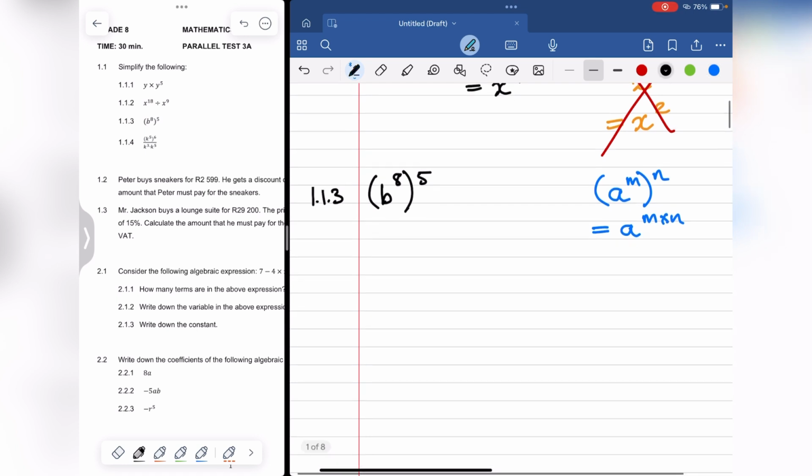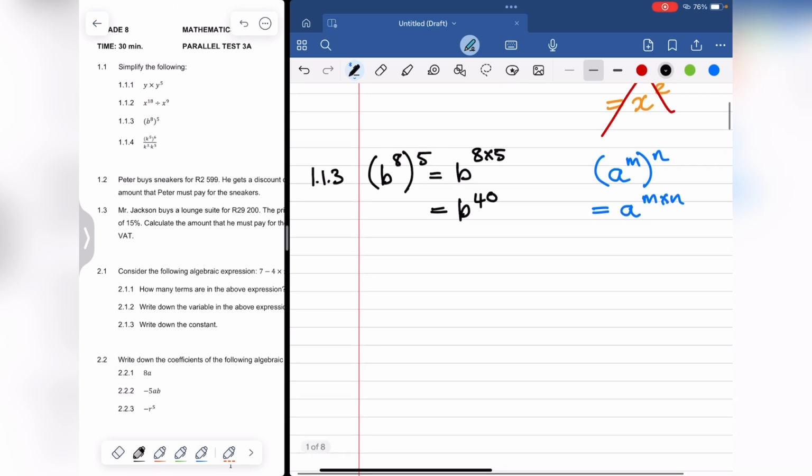So applying that rule, I can say this then will be b to the power 8 times 5, which is b to the power 40, just applying the law there. So not b to the power 13, because we are not going to be adding the exponents, we are multiplying the exponents in this case.